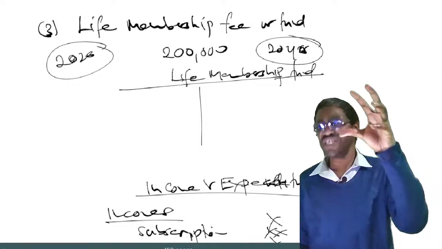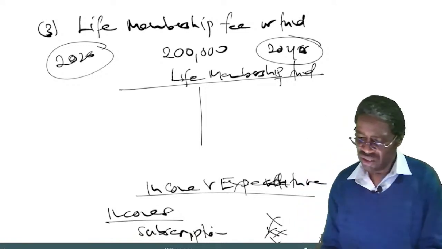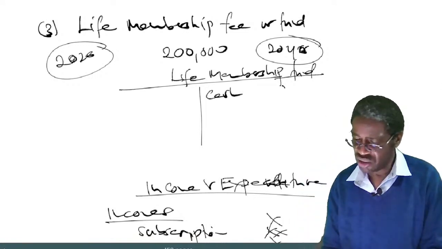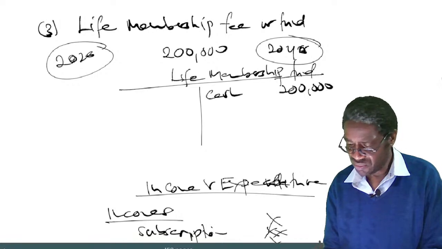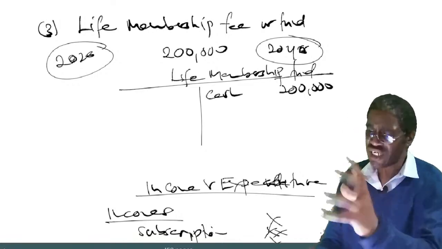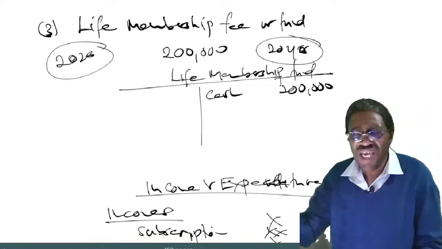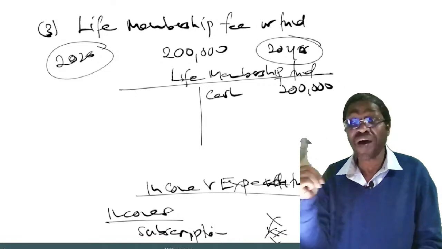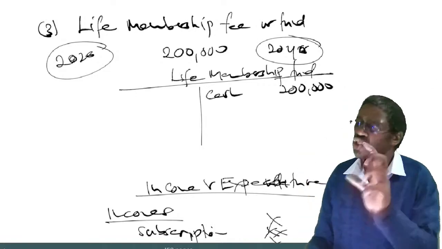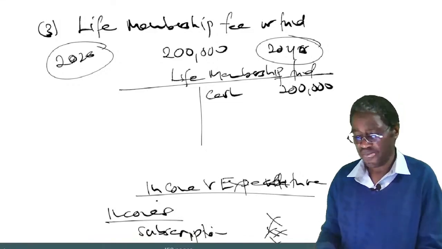So you will obviously debit bank and you will credit this account. You come and see bank or cash, 200,000. But listen, this is for the next 20 years. So what should be the rightful income for the club per year?